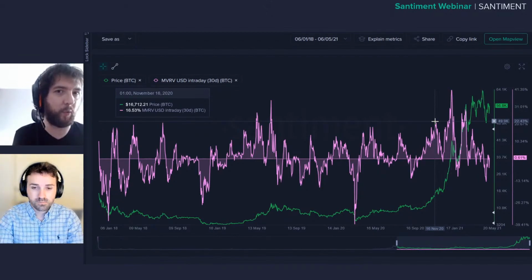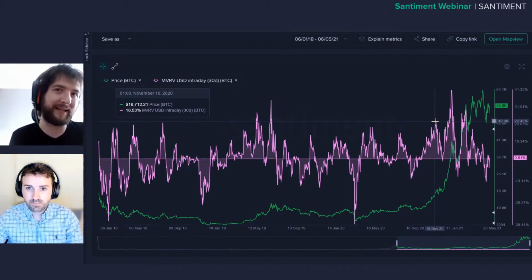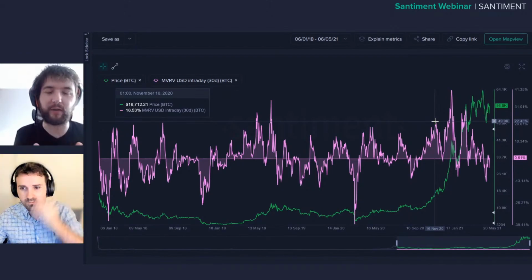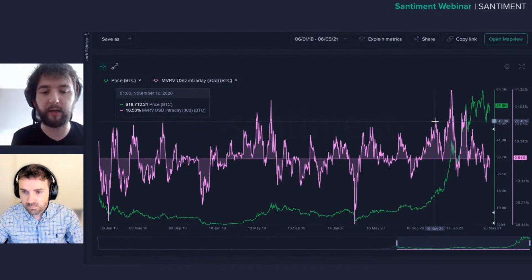So once we see Bitcoin's 30-day MVRV rise to that plus 20% level or higher, it means that previously we have seen people start to claim some of their profits at these margins. So if history is to repeat itself, especially if this subset of holders is feeling fairly bearish about the market, then we might see another round of sell-offs.